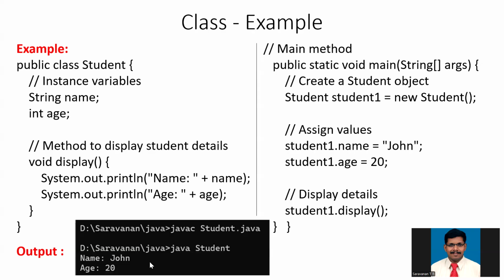In other languages, we do not have any class files. Here, a class file will be generated. So that is why we say Java is platform independent, because the class file can be used on any platform, so execution can be done on any other platform.